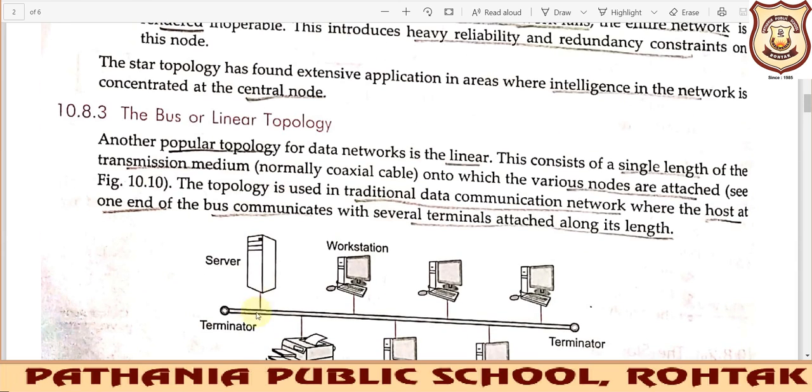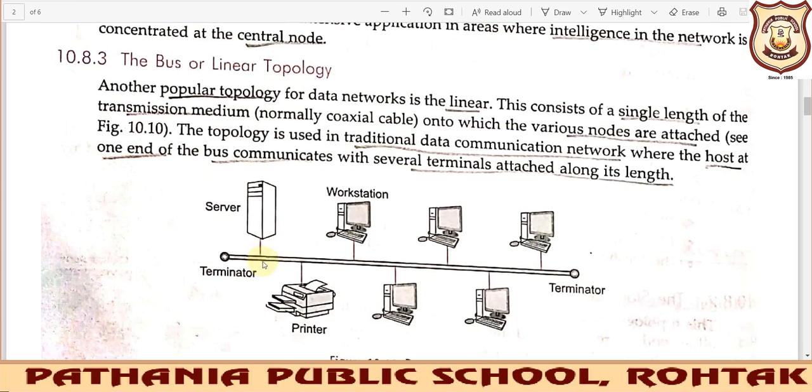Once the data has started from here, this is the server, and these are the stations or workstations, or we can say the nodes, that will receive the data transmitted by this server. Once this data has reached the end, that means no node needed that data, so it will be absorbed by the terminator.